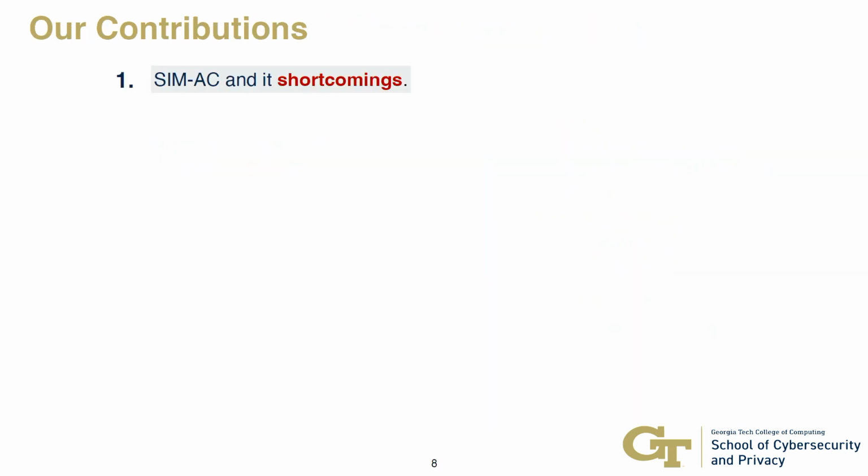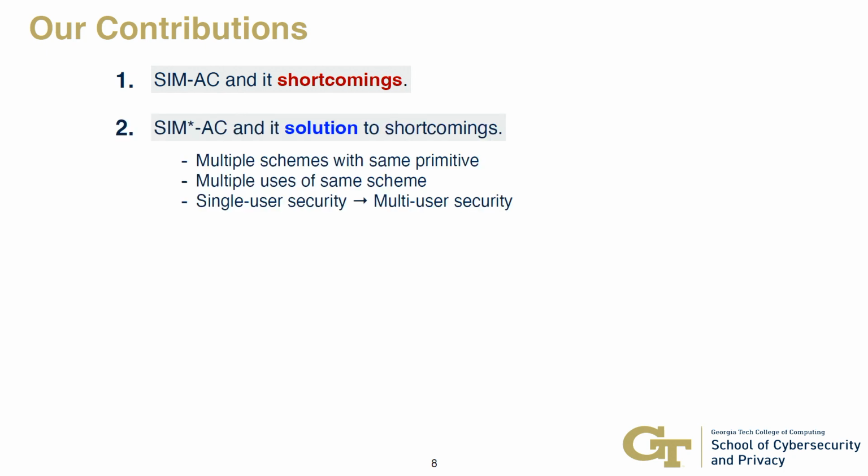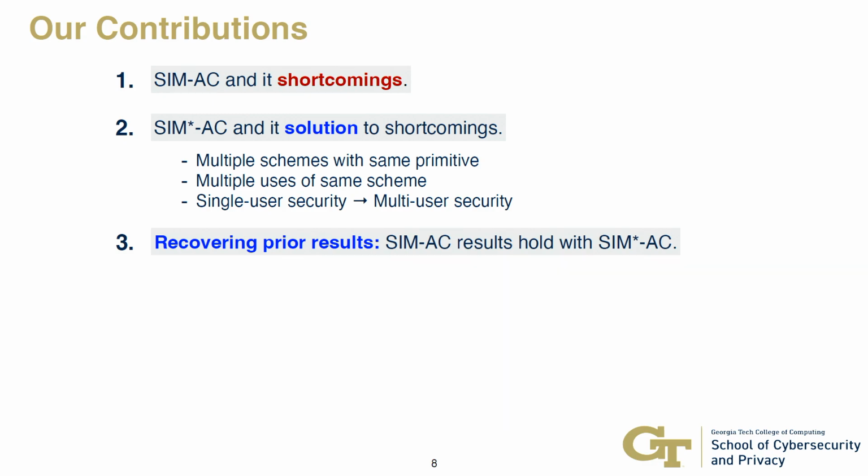Okay, now that I've set that up, I'll broadly give you an outline of both the rest of the talk and the contributions of my paper. First, we'll dig into what the shortcomings of SIM-AC are like. We'll show my new SIM*AC definition, which fixes these shortcomings. And these are related to different settings where the same ideal primitive is getting used multiple times. I don't want to have to restart from scratch.